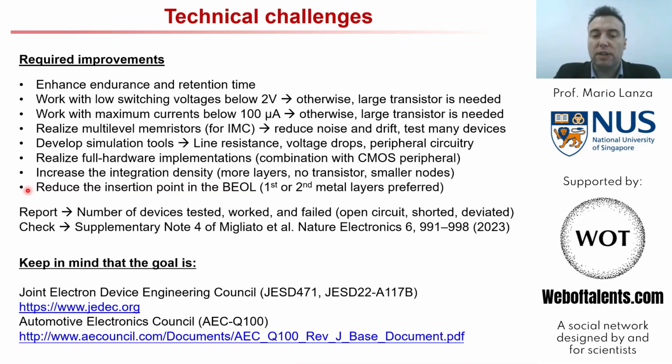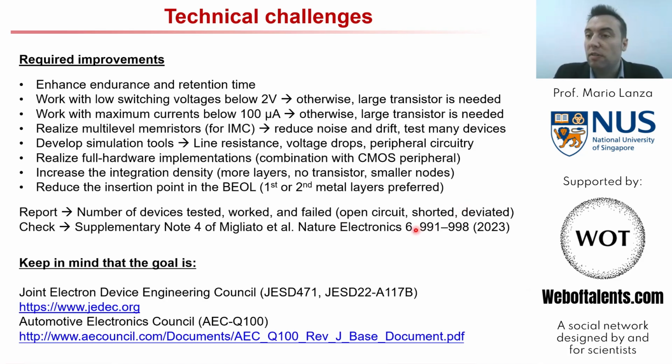In general, it is very important to report data for many more devices, indicating how many of them work, how many of them fail. And when they fail, it is important to report if they fail in open circuit, or if they are simply shorted, or if they show another characteristic that deviates very much from what is expected.